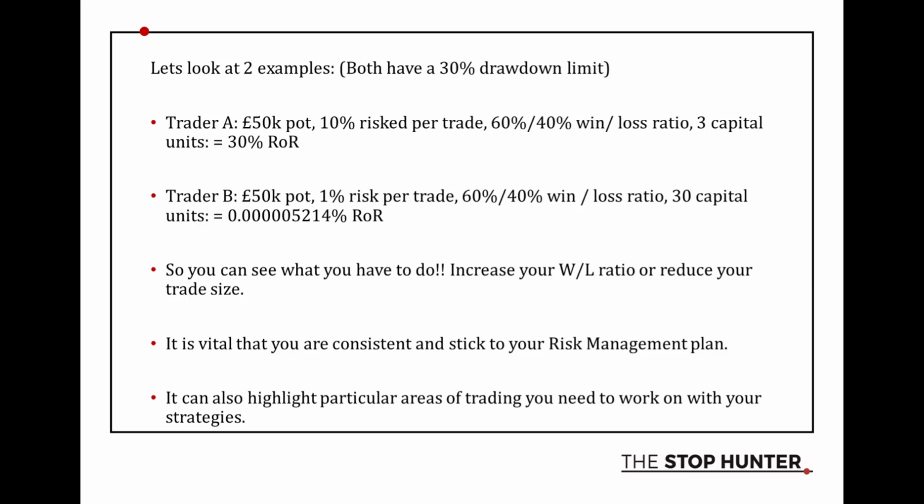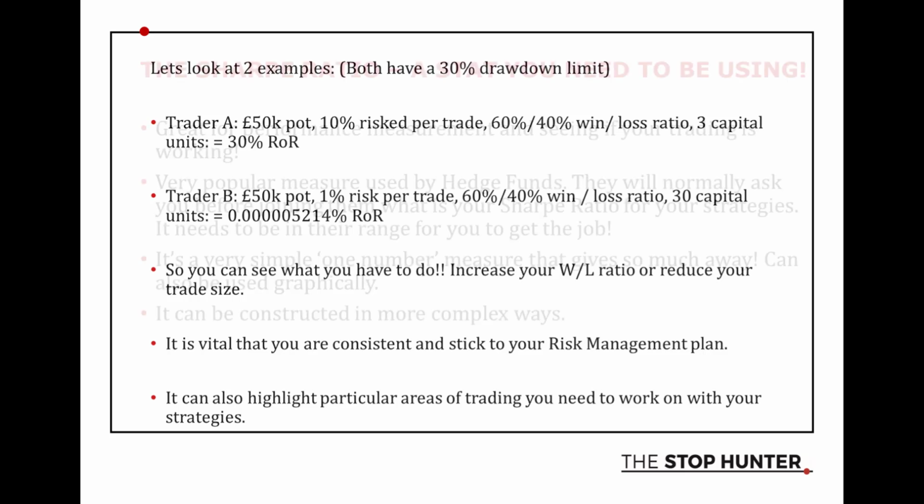So you can see what you have to do from those results. You've either got to increase your win-loss ratio or reduce your trade size, and it's like I said and mentioned before, you have to apply this consistently in your trading or you will just fail.